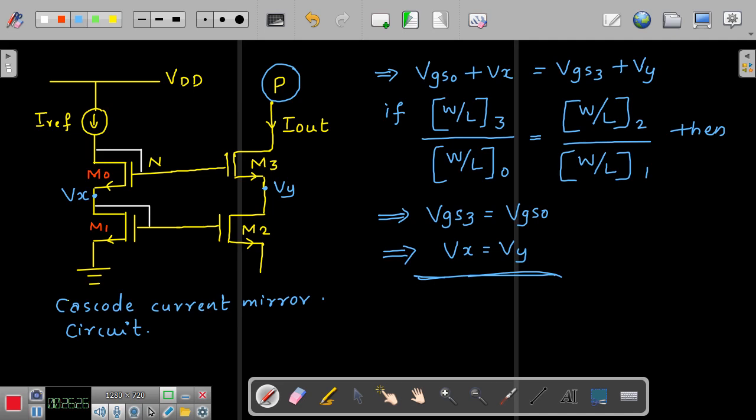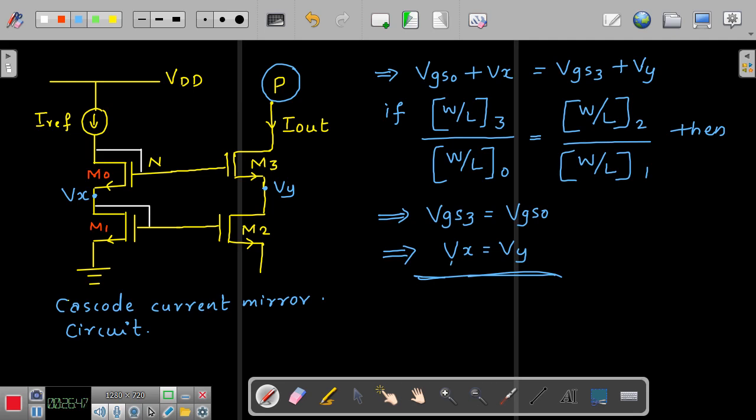Now what we are trying to do here is to suppress the variation in the voltage here. We wish to have Vy equal to Vx. So in order to make sure that Vy is equal to Vx, we are using two more transistors. One is M0 and another is M3.